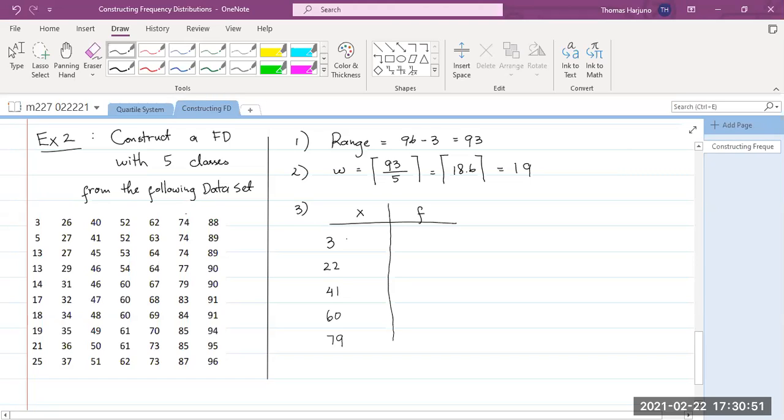Now, how about the upper class limit for each class? That will be 21 here, 40 here, 59, 78, and then I need to add 19 to this, that will be 97.